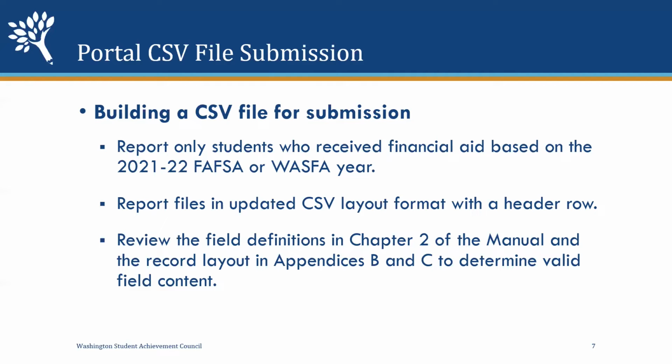The files are updated in the CSV layout form with a header row, and it's really important that you review and use this header row, because if anything is missing or not set up properly, you won't be able to load your file. Please review the definitions in chapter 2 of the manual and the record layout in appendices B and C to determine the valid field content.